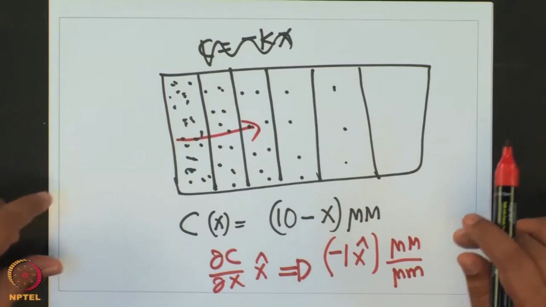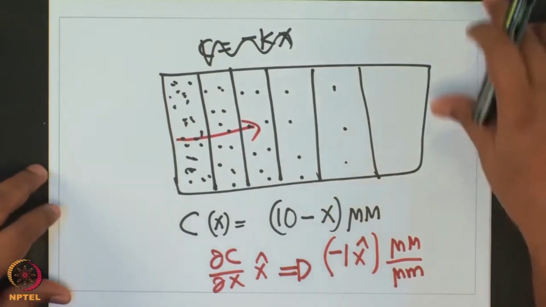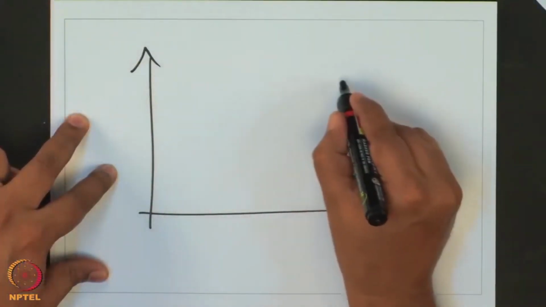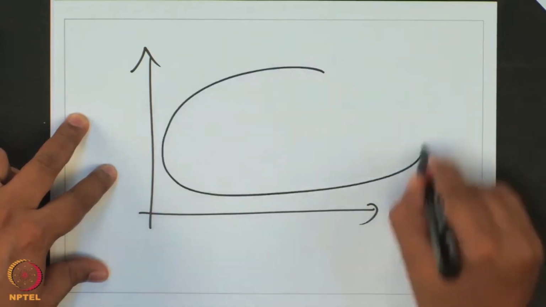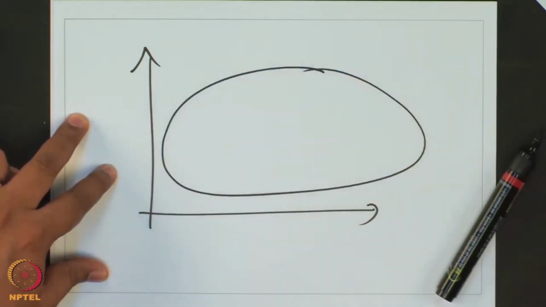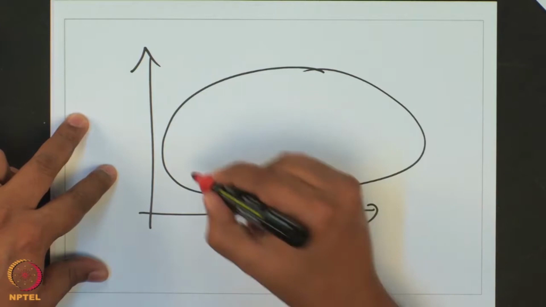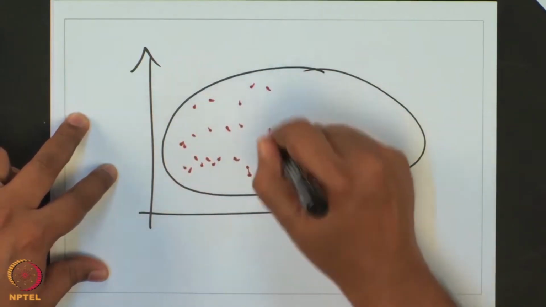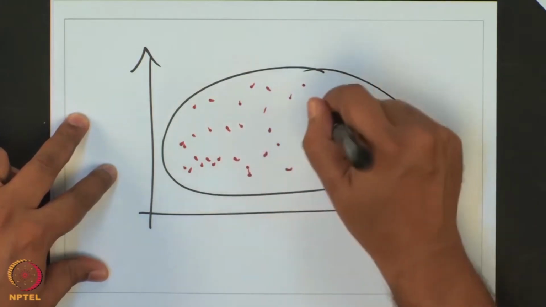Now let us think of concentration changing both along the x-axis and y-axis. So if you think of a real cell, if I just draw an x-axis and a y-axis and draw a real cell like this, some real cell like this, the concentration here could change both along x and y.